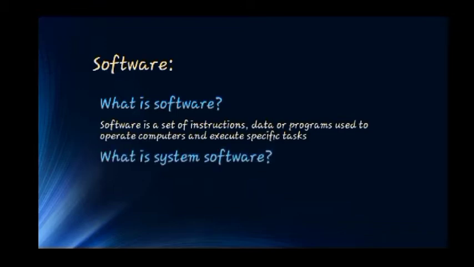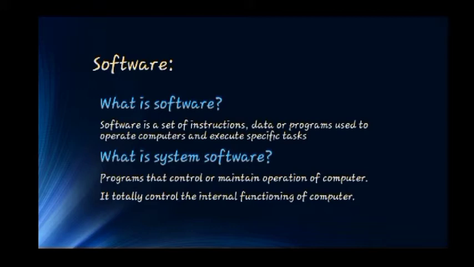So what is system software? System software is used to maintain or control operations which are done on a computer. It totally controls the internal functioning of the computer.